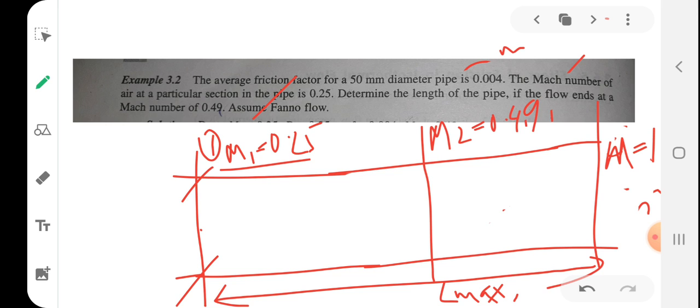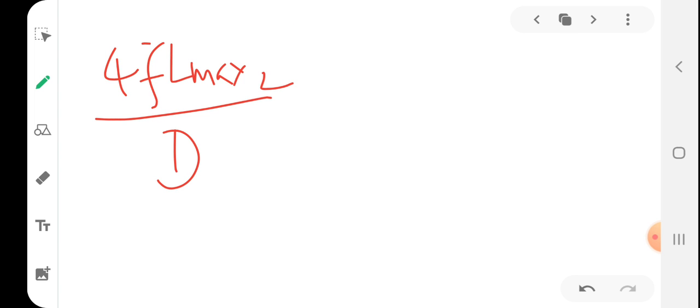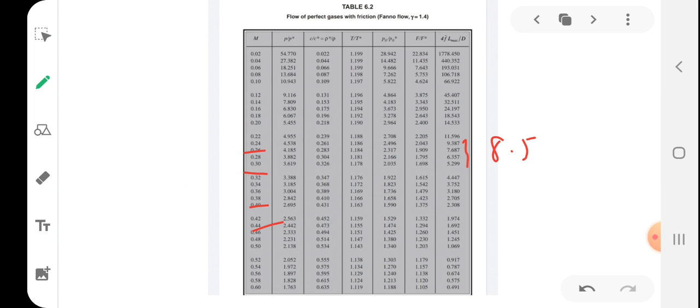So for this M2 also, the flow should end at a section where M becomes 1. Even though it is an imaginary section, you can calculate L max 2 also, because both should end at M equal to 1. For f bar L max 2 by D at M2 equal to 0.49, the value from the graph is around 1.15.